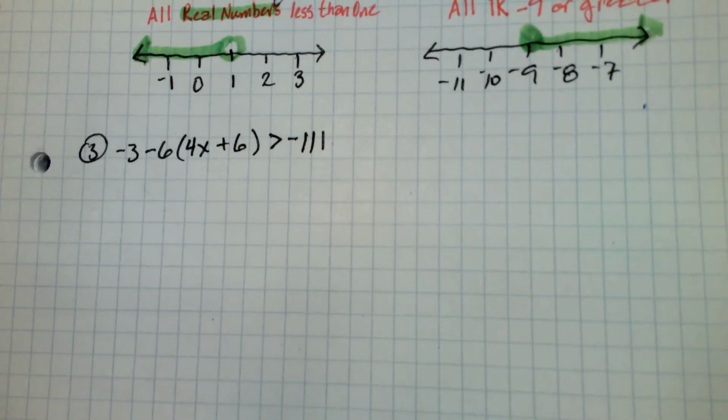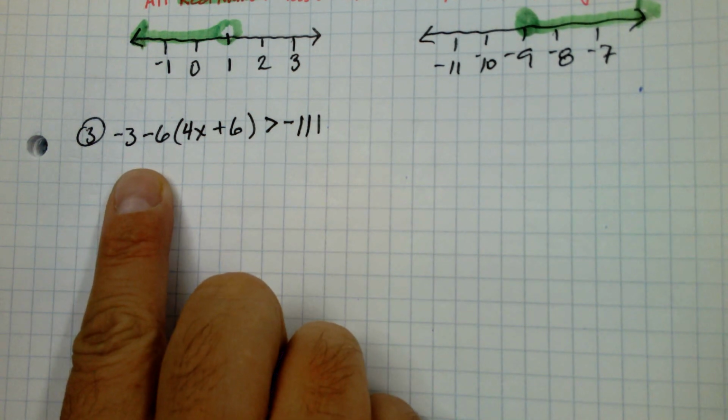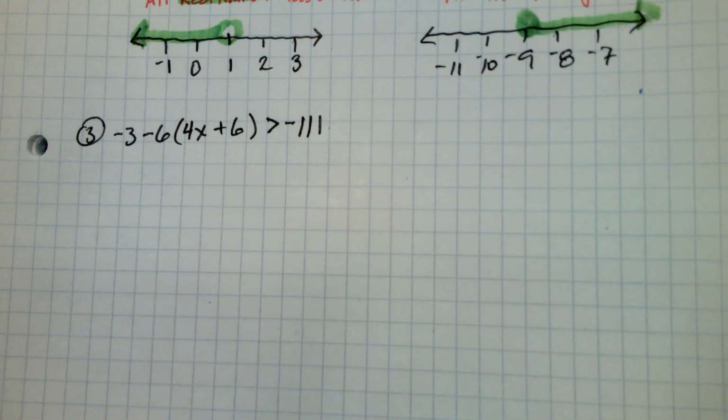Okay. Ooh, this has everything. Is that 4x or 9x? That's 4x. Yes, -3 minus 6 times the quantity 4x plus 6, and then greater than -111.